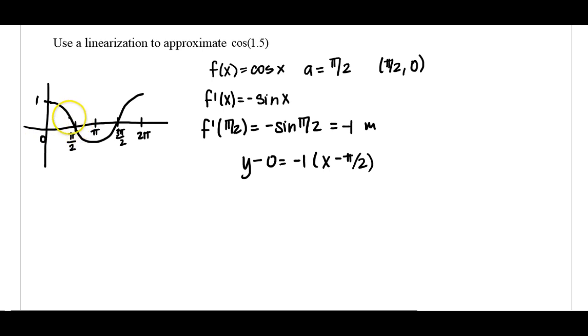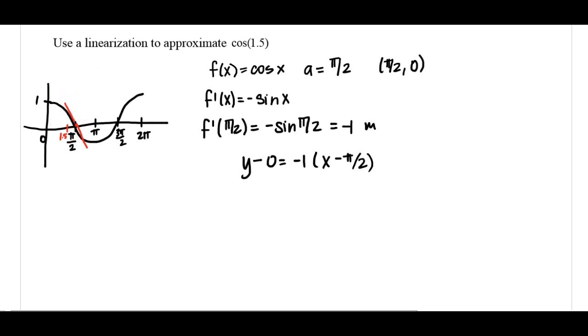So what we're doing is analyzing what happens. We're drawing our tangent line right here. So our tangent line is now this red line here right at the value pi over 2, 0. And we are using that point to approximate 1.5, which is going to be slightly less than pi over 2, because remember pi is 3.14, so our value of 1.5 is maybe right about here.